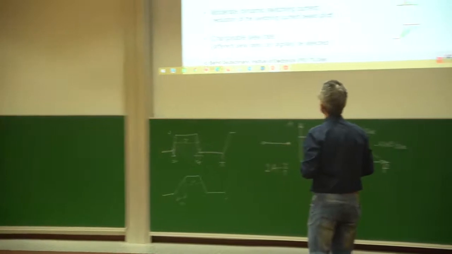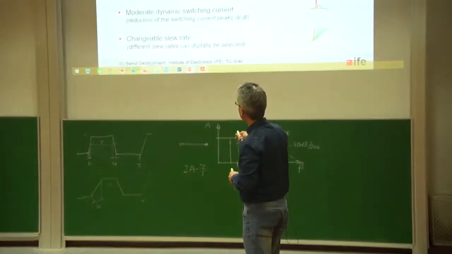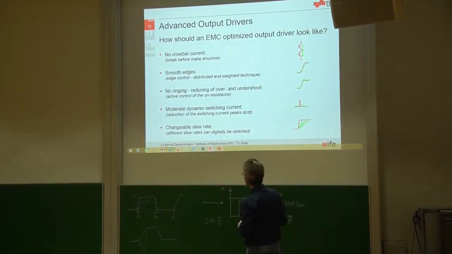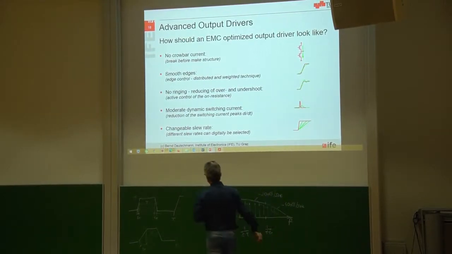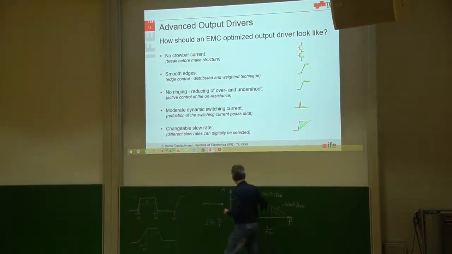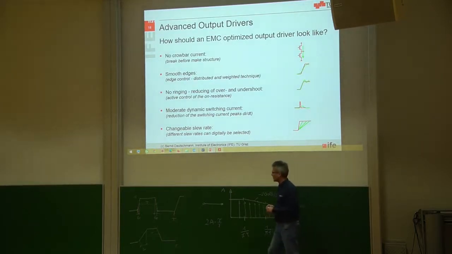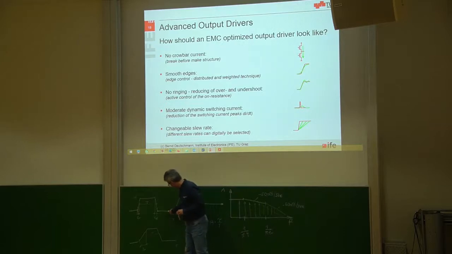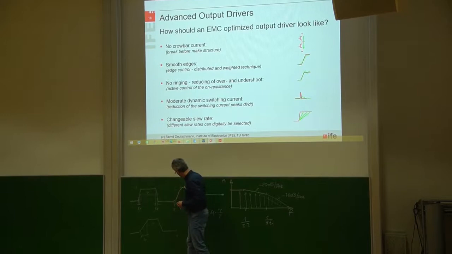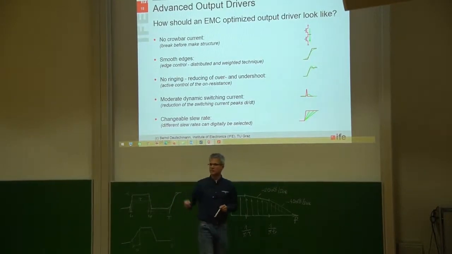Okay, so we would like to have no crowbar current, so a break before make structure. What would be great is if we can smooth the edges. So here in our trapezoidal signal, we have very sharp edges. And these sharp edges really result then in this declining function at minus 40 dB. If we are smoothing the edges, we are keeping the rise and fall time here in the middle part as fast as desired, but then also smoothing it here in the final transition.